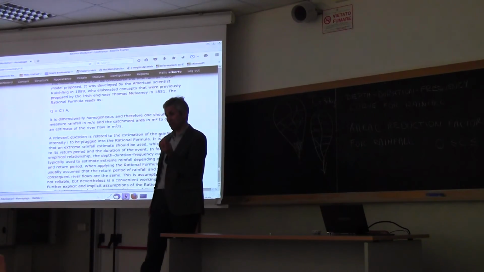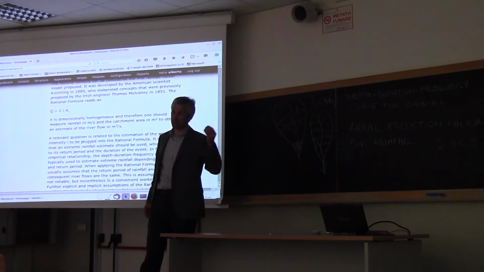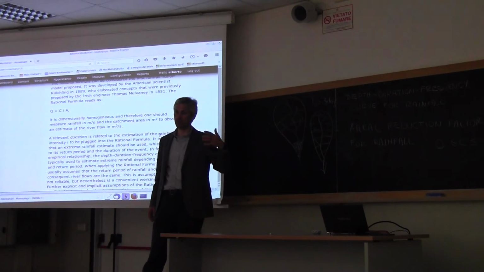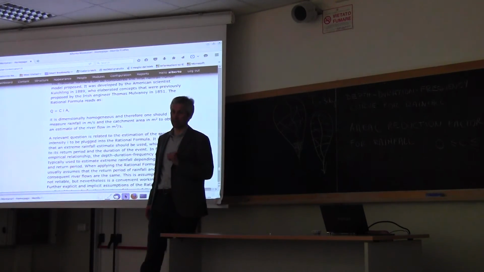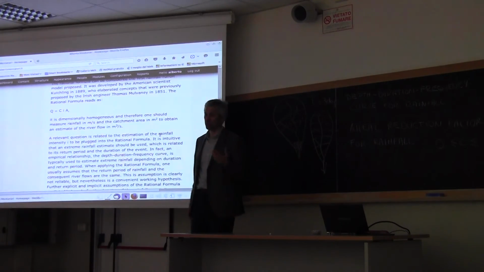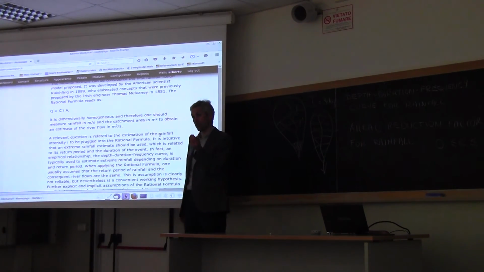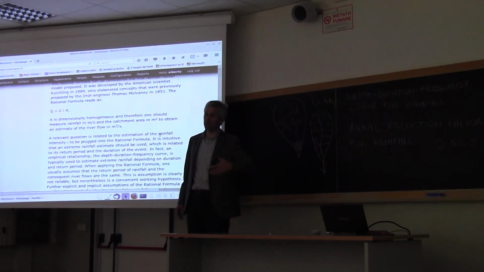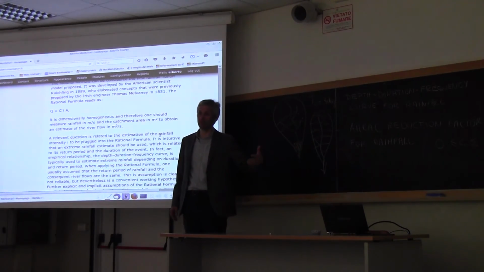We are assuming, implicitly, that the return period of rainfall is the same as the return period of the corresponding flood, which is not true in practice. Why is it not true? Because I already told you that the same rainfall can induce different river flows depending on the humidity condition of the catchment.